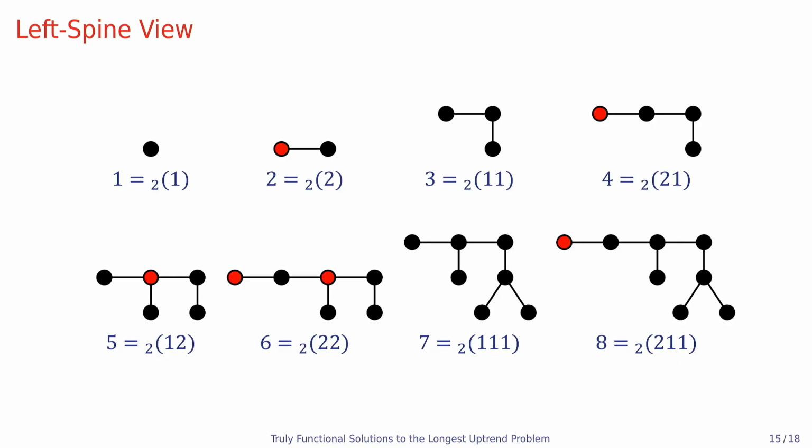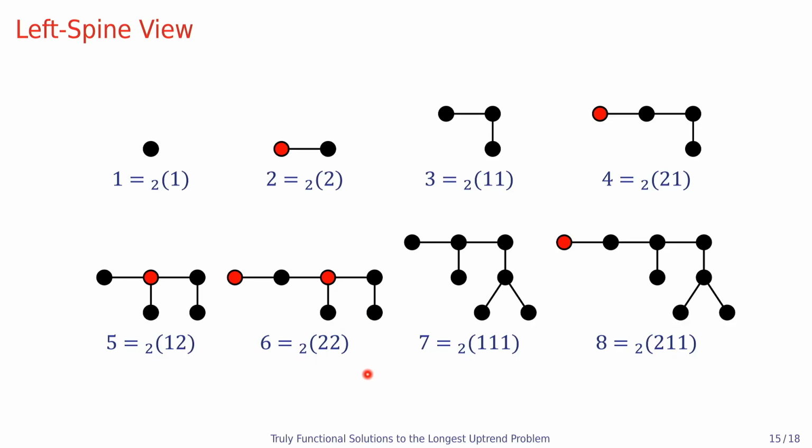If we have a black node, that's 1. But if we have a red node, then there must be a black node with the same height again, for example here in this one. And this is then a 2.